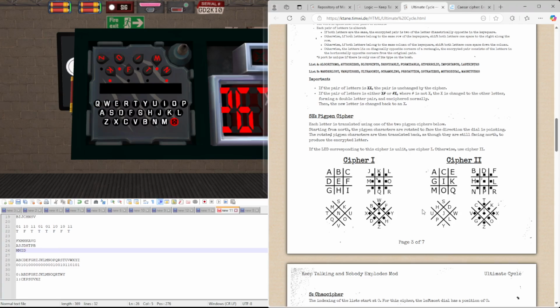Then once counter, G, B, then basically 180, D, and then three clockwise. 1, 2, 3.